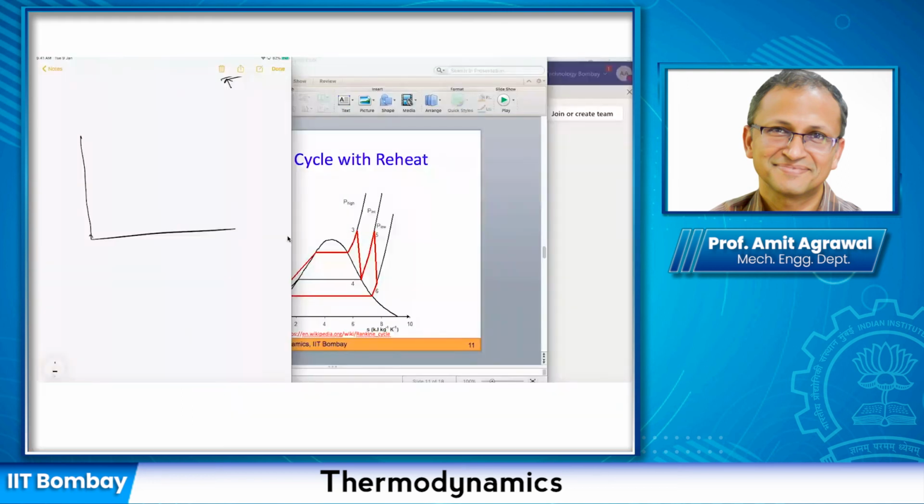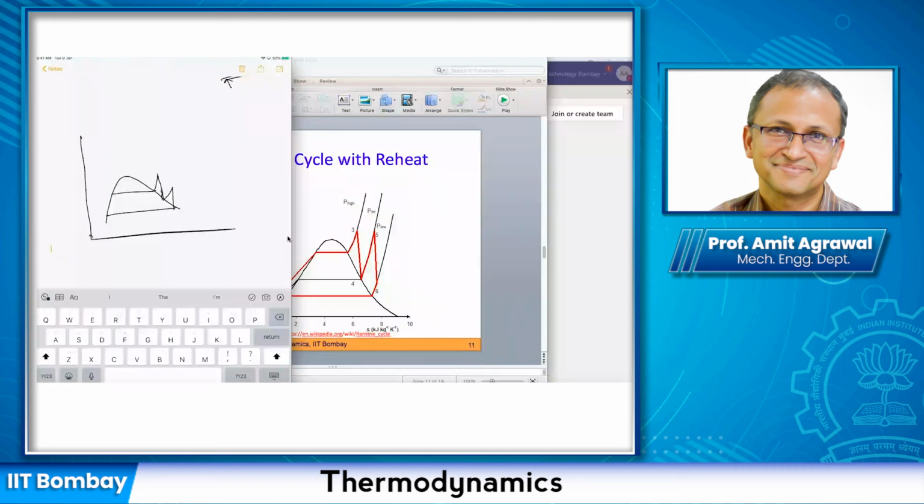Let's see if you can see things as I'm drawing now. So if you look at the reheat, I come to this point, and then I heat again, and then I come to this point somewhere here. Okay, so this is what is happening. Now, what is the question now?